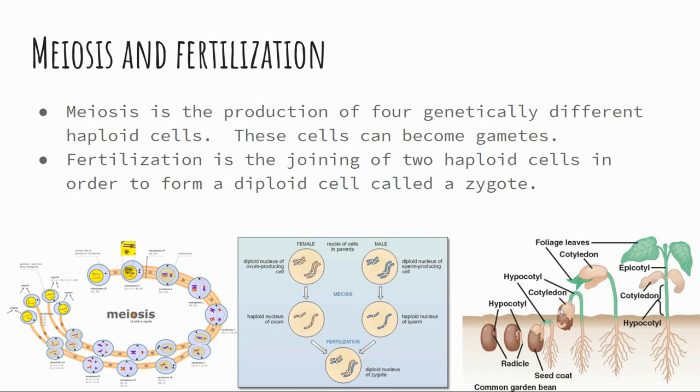Haploid is signified as an N in some situations. Those cells become gametes. Fertilization is the joining of 2 haploid cells in order to form a diploid cell called a zygote. Diploid means it has all of the chromosomes needed for that cell to be functioning, and it's going to be symbolized by 2N.